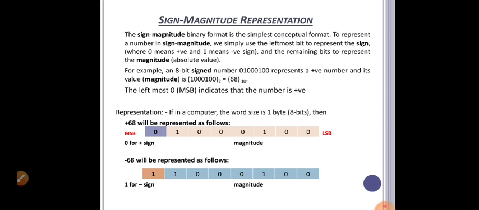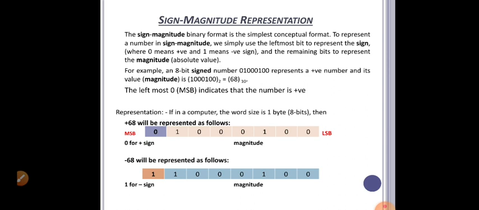The sign magnitude binary format is the simplest conceptual format to represent a number. In sign magnitude, we simply use the leftmost bit to represent the sign, where 0 means positive and 1 means negative, and the remaining bits to represent the magnitude, the absolute value.